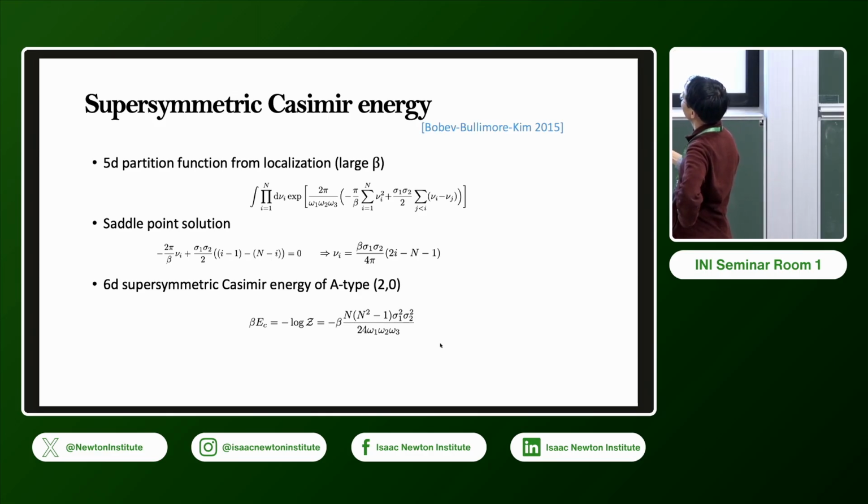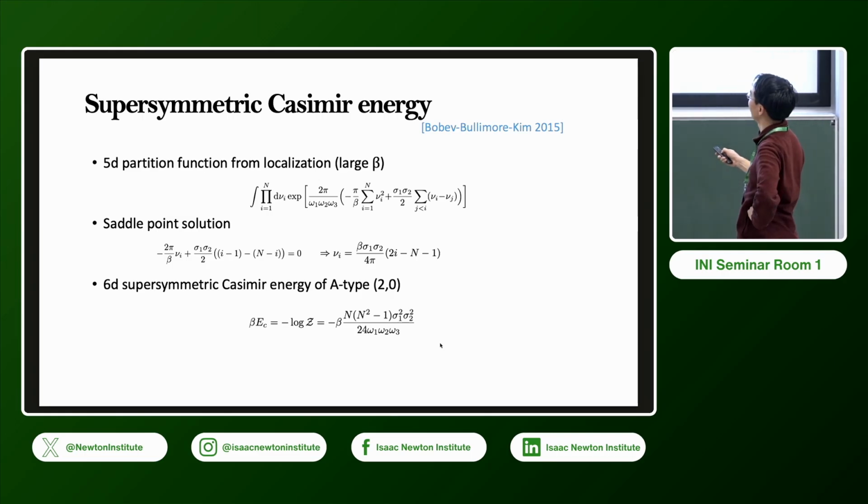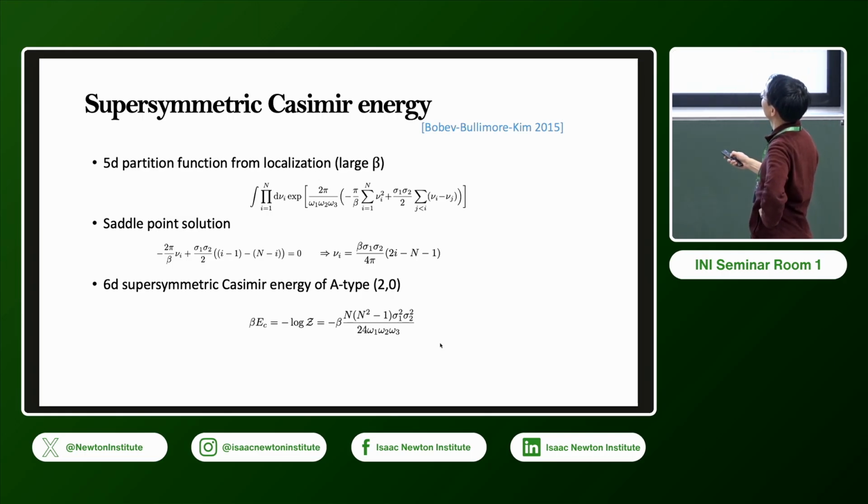Now, as mentioned before, in this setup, this 6-dimensional Casimir energy is related to the 5-dimensional partition function on the S5. The 5-dimensional partition function can be computed from supersymmetric localization. That's already known.